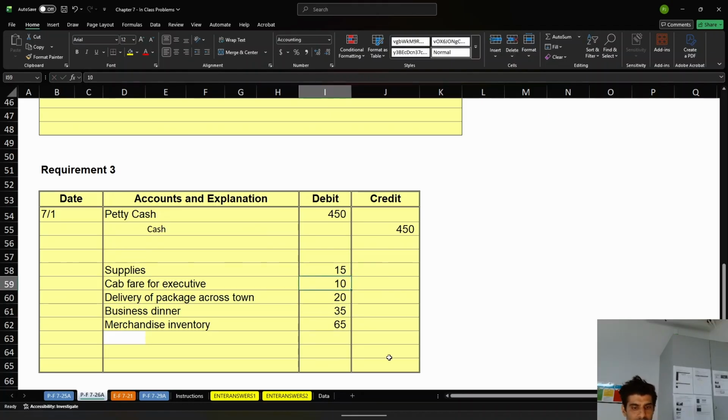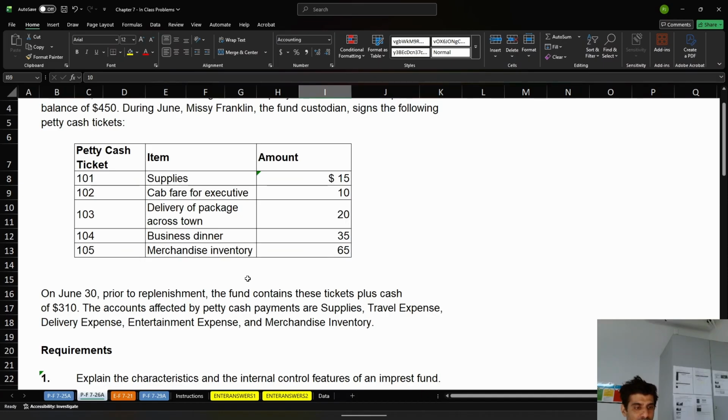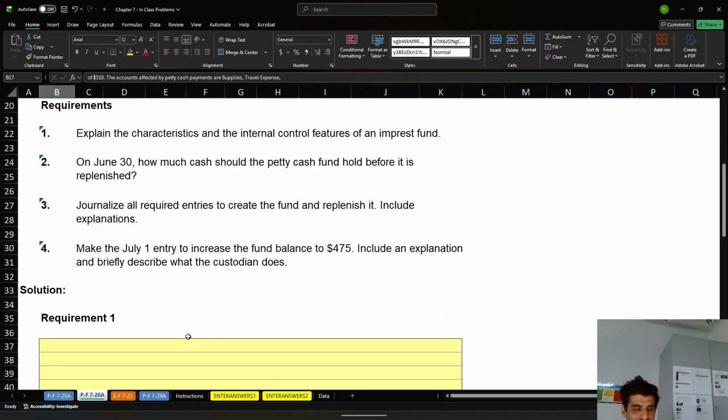Finally, I know how much cash I need to go to the ATM to replenish it because I have 310 in that box. So how much do I need to get from the bank to bring it back up to 450? If I have 310 and want a total of 450 when I replenish this account, what's 450 minus 310? 140.